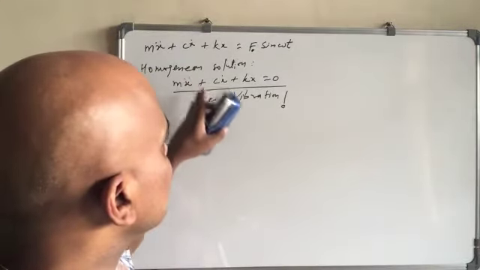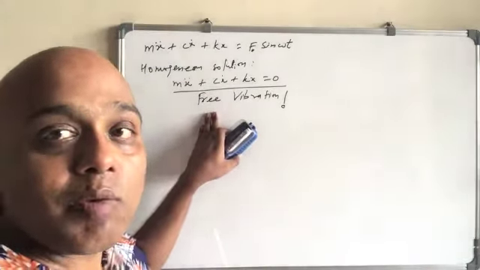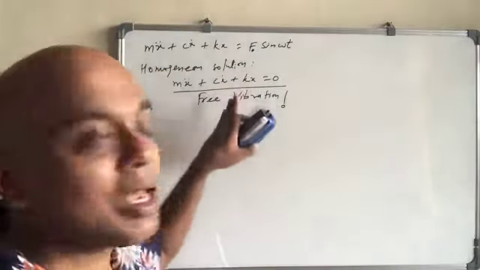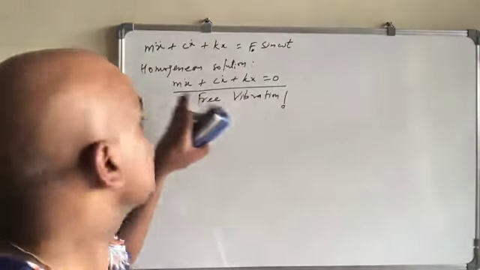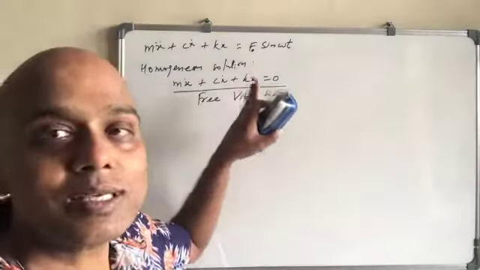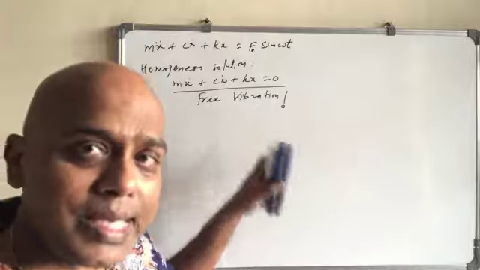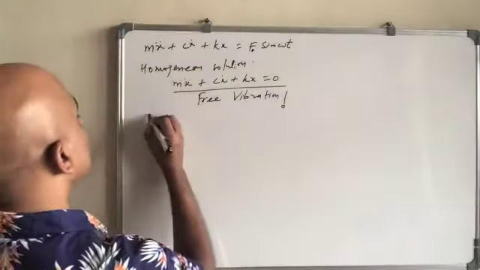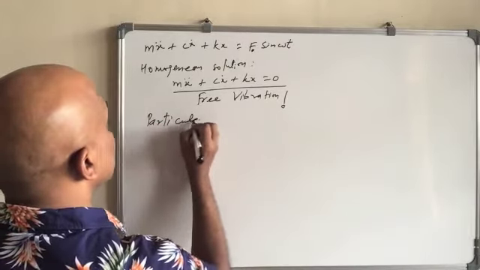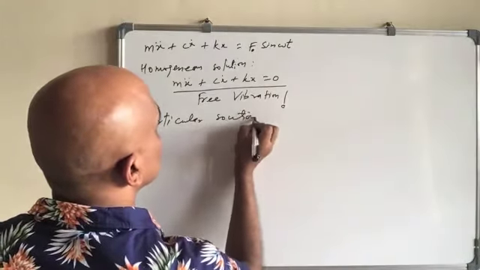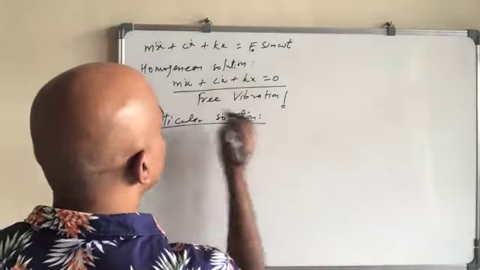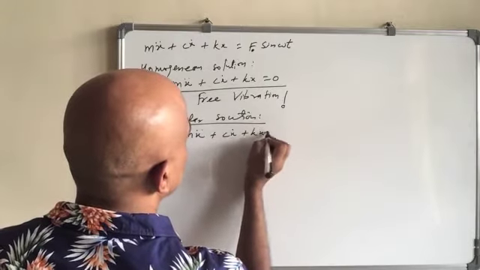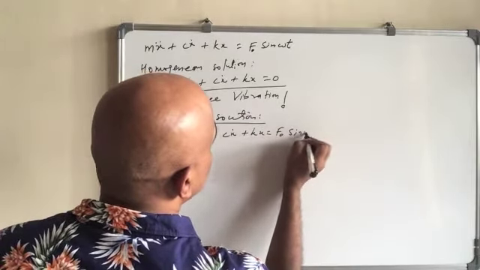So which one dies out? Basically the solution due to the free vibration, or the solution which comes from the homogeneous solution. And what is sustained for more time is called the particular solution. So the particular solution is when we have to specifically find the solution to kx equal to F naught sine omega t.